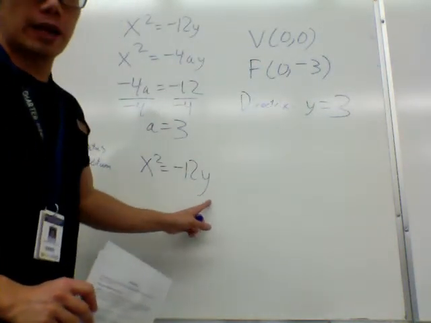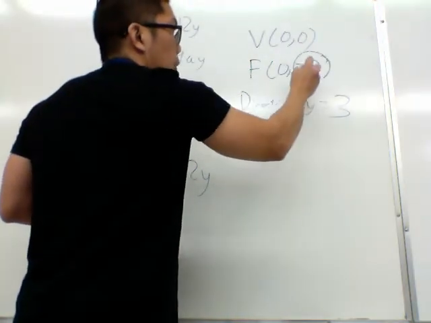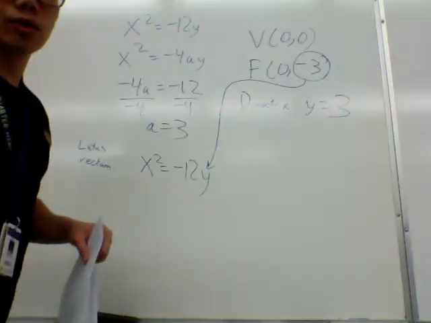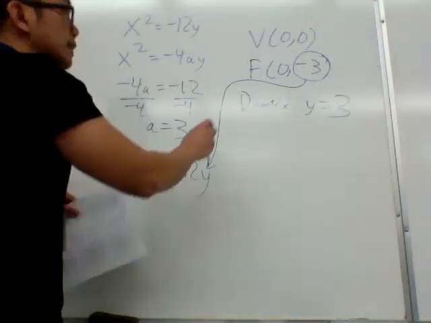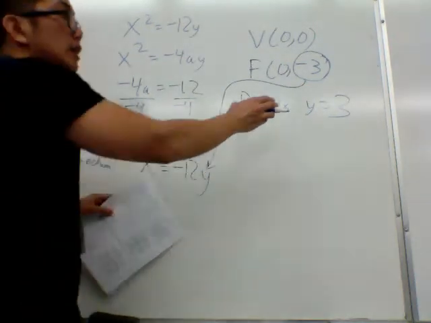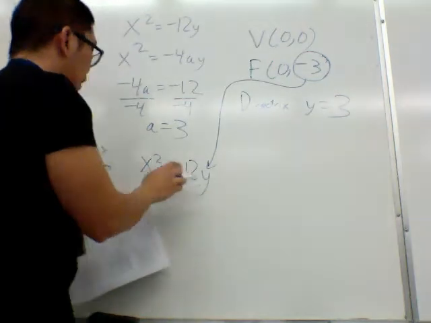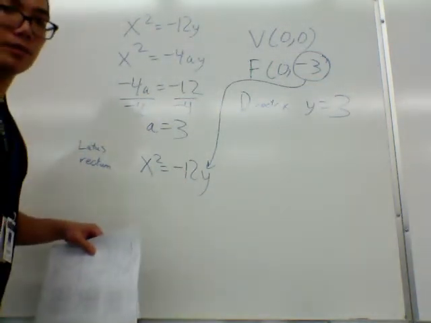You're not going to plug in what a is. You're actually going to plug in the y value for your focus. And that's how you do it all the time. Whatever is in your focus, whether it's positive or negative, is what's going to go into the y or x, depending on what the latus rectum is. Okay?